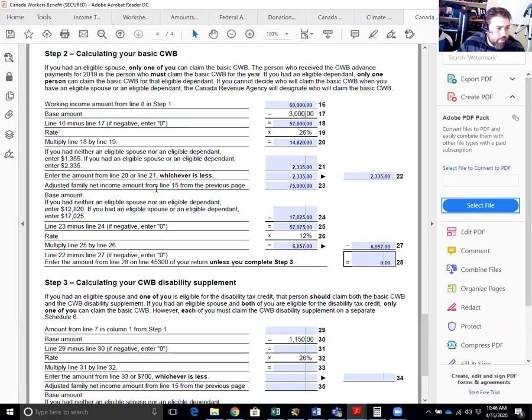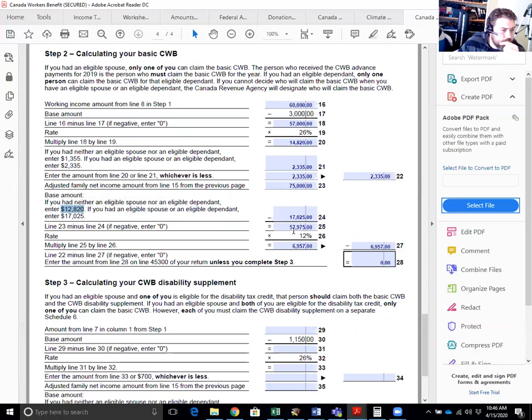Now they're going to take a look at our adjusted family net income from line 15 on the previous page of 75,000. Subtract an amount. If you had an eligible spouse or eligible dependent, enter 17,025. Otherwise you would enter 12,820.